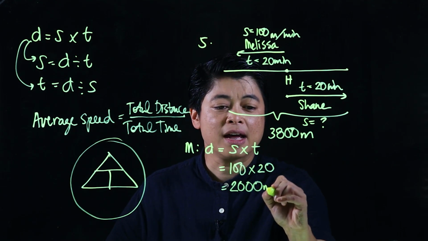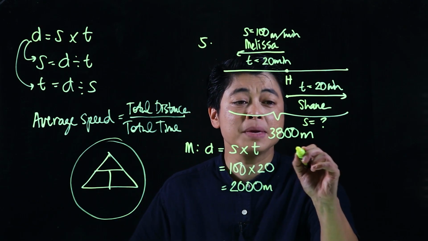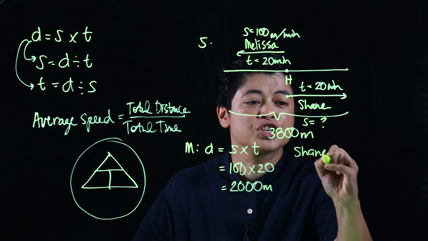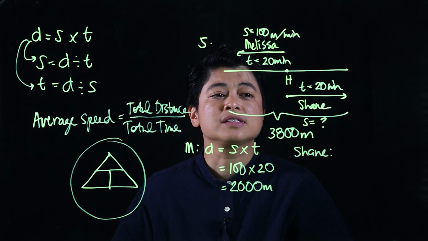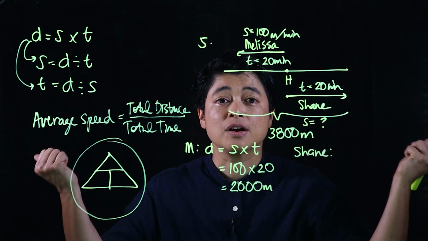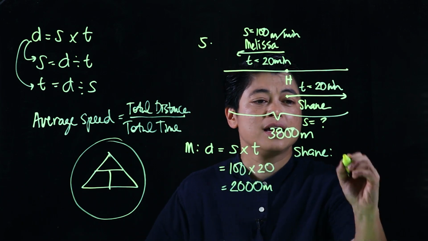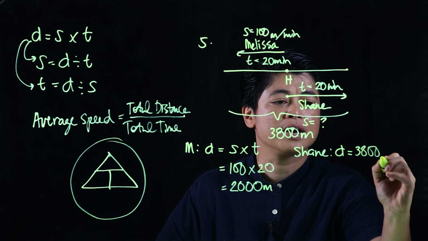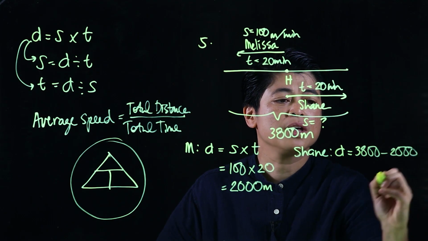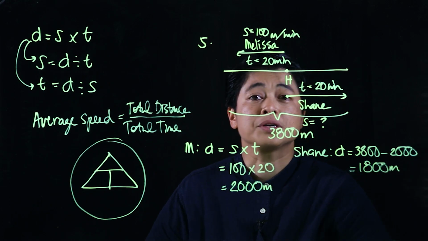So Melissa ran 2,000 meters. If Shane and Melissa ran a total of 3,800 meters, because that's how far apart they were after 20 minutes, then the distance of Shane must be 3,800 minus 2,000, which is 1,800 meters.